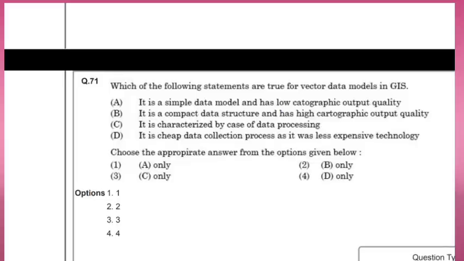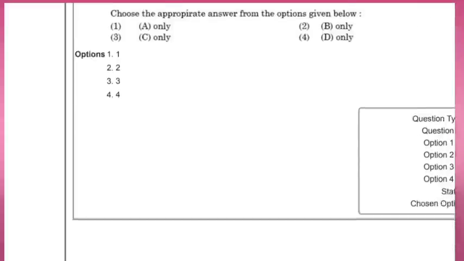It has the same data collection process, as it is a less expensive technology. So definitely the answer is option 2, B only. It is a compact data structure with high cartographic output quality, which is true of the vector data model in GIS.